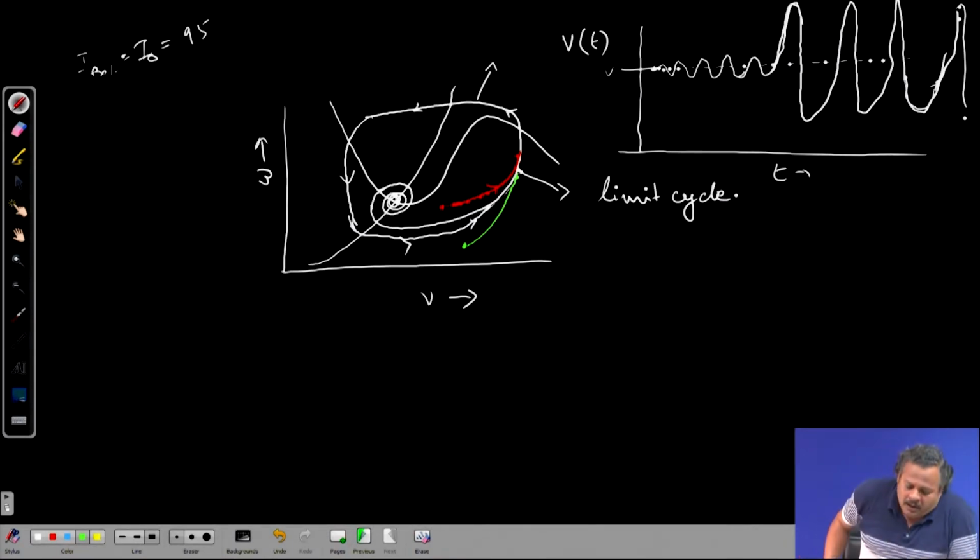Now, both the things that we have seen so far, we presented them in a manner as if with simulations we came upon those phenomena, like the limit cycle here or the threshold kind of behavior.